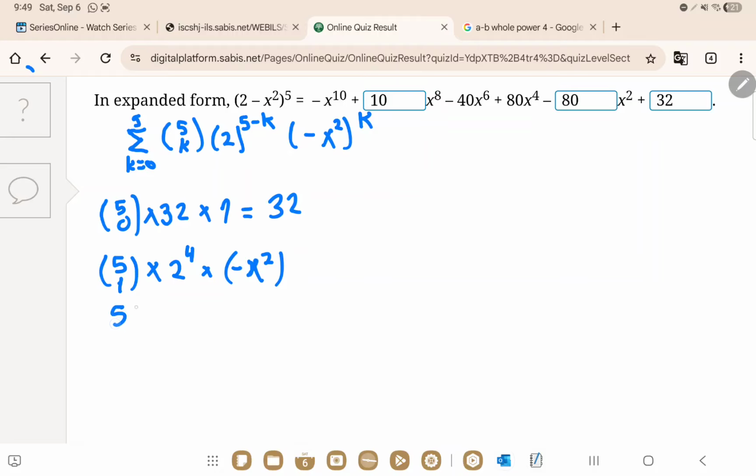So 5C1 is 5, times 2 to the power of 4 is 16, times negative x squared. So it's basically 5 times 16 is 80, and we need to make it negative 80 because we have negative x squared.